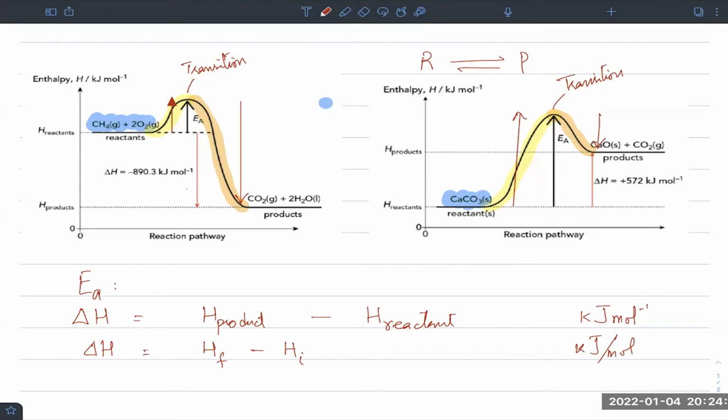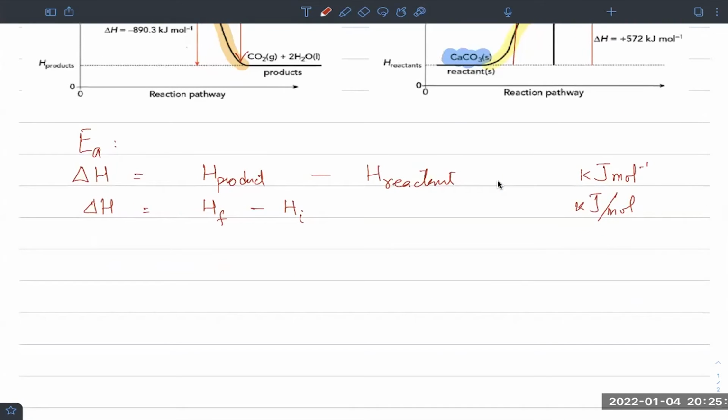enthalpy. Now, there must be a way for us to actually figure out what these arrows are, what their values are. And there is. For covalent compounds, we use a simple method called Hess's law or Hess's cycle. This Hess's cycle is based on two parts.